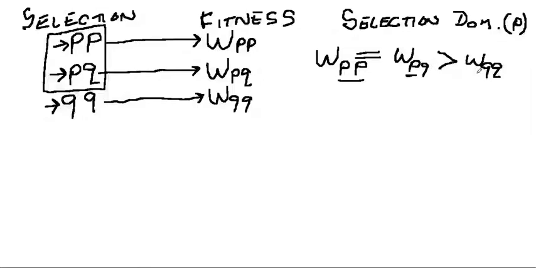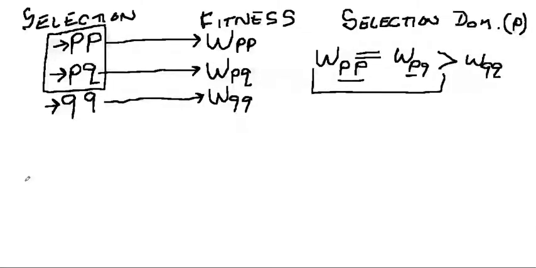Both of those are greater than the fitness of the QQ individuals. So if you had a choice and I asked you what genotype you wanted to be, you wouldn't care as long as you had at least one of those P alleles, because your fitness would be exactly the same, and in both cases it would be greater than what we have for the WQQ individuals.